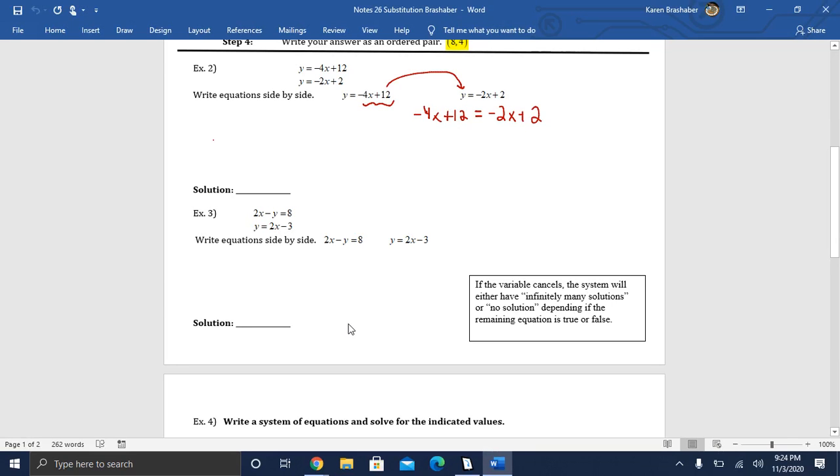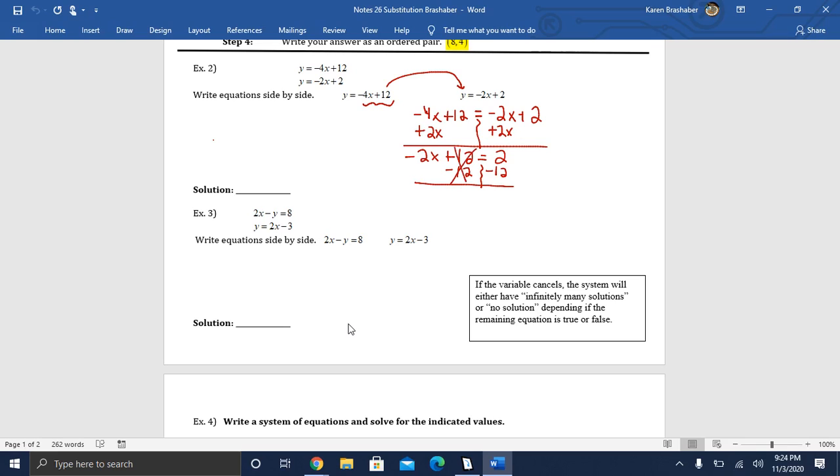This gives me a chance to solve my equation. Here is my equal sign. I can add 2x to both sides of the equation. That gives me negative 2x plus 12 equals 2. Then I need to subtract 12 from both sides of the equal sign.